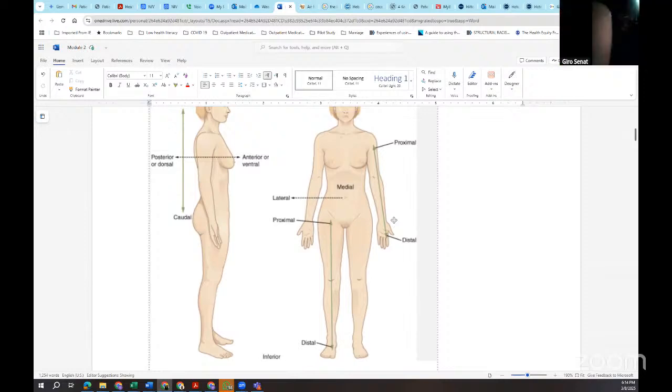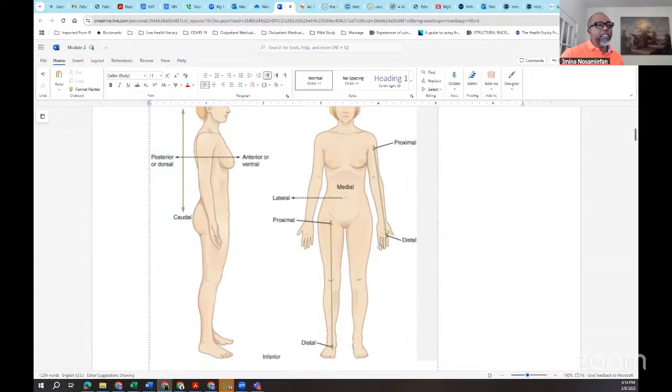Remember, the farther away you are from the trunk, you say it is distal. So the elbow is proximal to the wrist, and the wrist is distal to the elbow. Okay? Do you understand? Yeah, the elbow is proximal to the wrist.